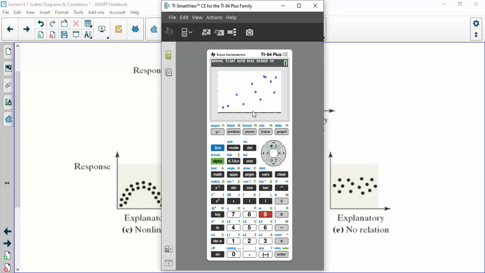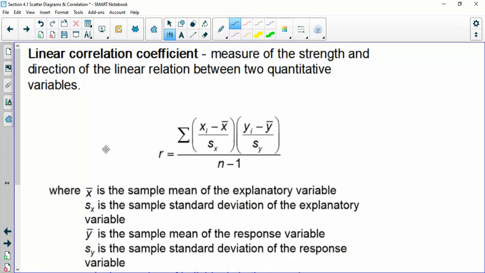Okay, so then, ideally, we want to know, if we got an equation for a line, how good of a model would this be? There's a couple things that go into that, but one of them is what's called a correlation coefficient. And there is a nice big long calculation for this.